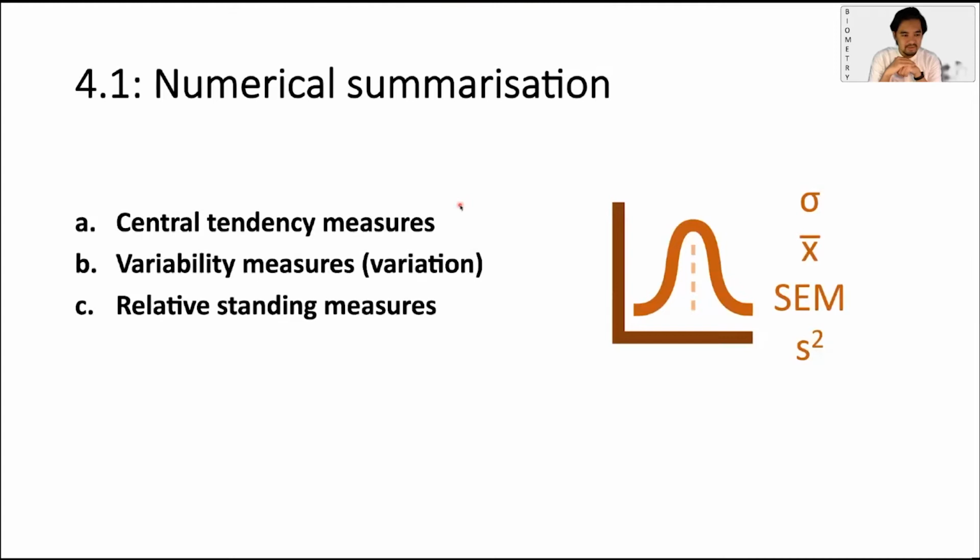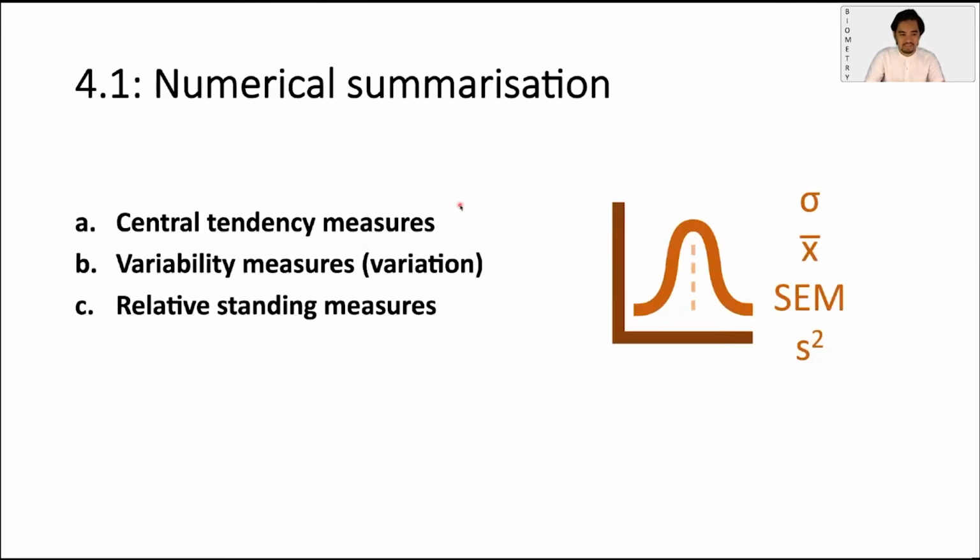For numerical summarization, there are three ways you could summarize the data you collected, for example a univariate data, a list. Once I mention the name of a particular summary, you'll pretty much know which category it belongs to.